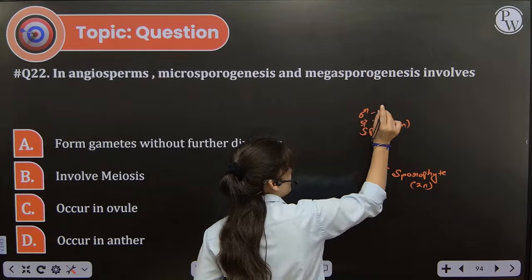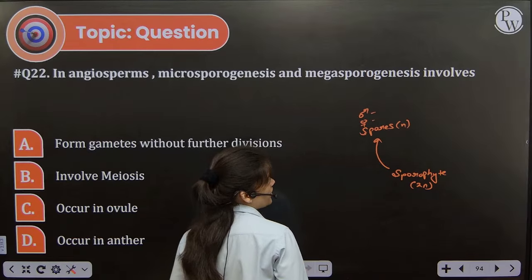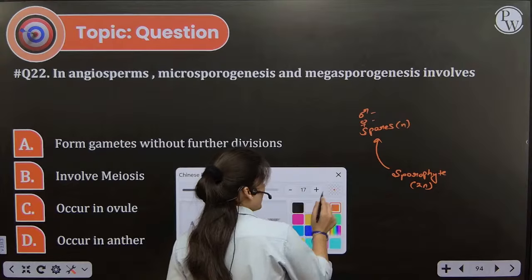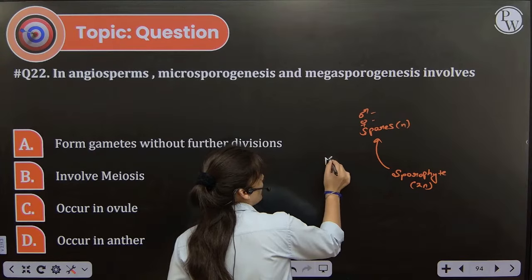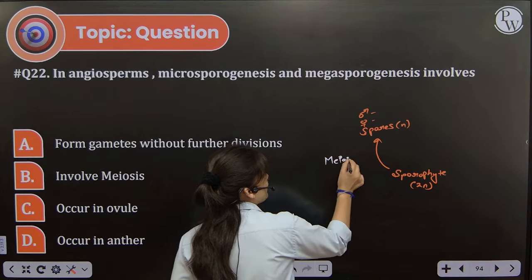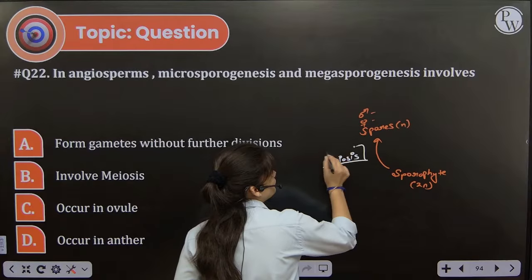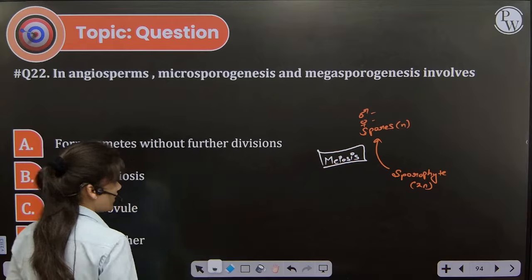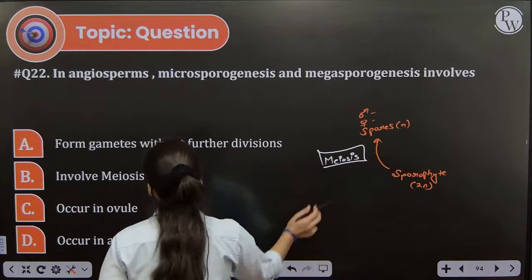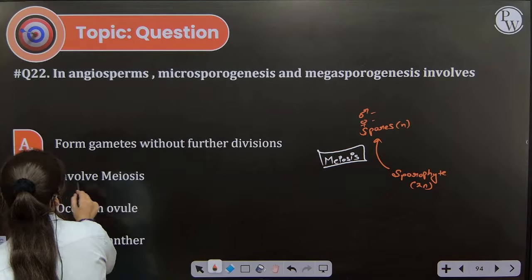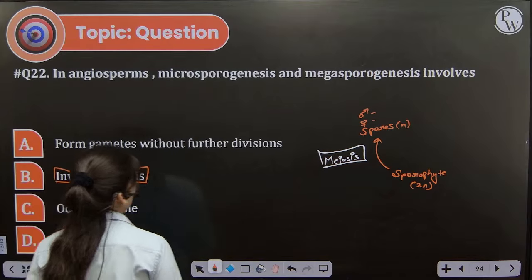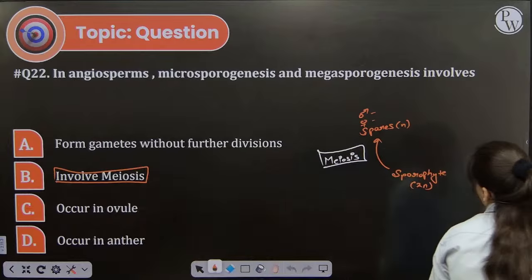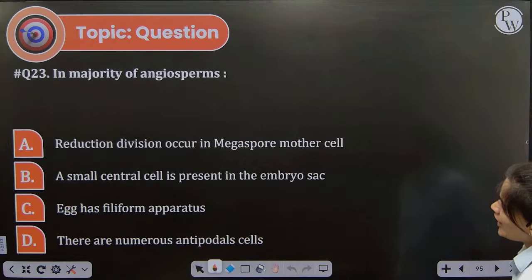Female spore formation is megasporogenesis. By which division do they form? Meiosis division. So which is the correct option here? It involves meiosis. Next, in the majority of angiosperms, reduction division occurs in the megaspore mother cell.